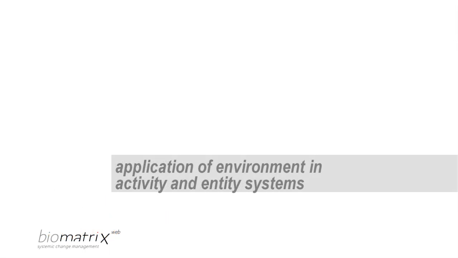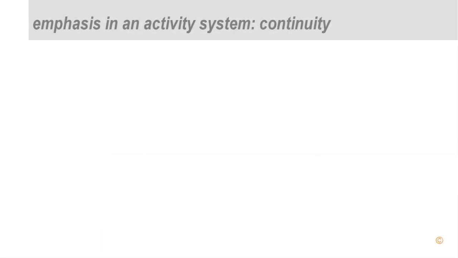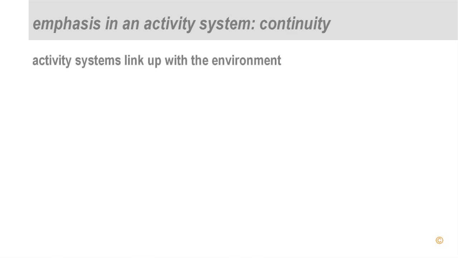Let us now look at the application of the environment in an activity system. The environmental perspective in an activity system emphasizes continuity, namely that systems link up with other systems in their environment and that they exchange MEI, which stands for matter, energy and information, with each other.